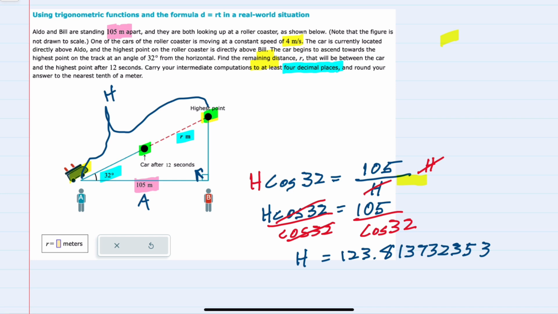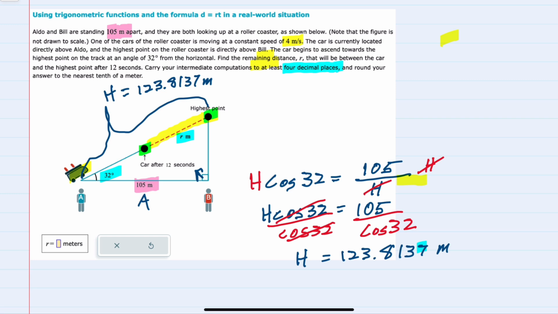So 4 decimal places would be here. Since it's followed by a 3, I'll drop those remaining values. So we now have the length of the hypotenuse in meters. So that total length for the hypotenuse is 123.8137 meters.